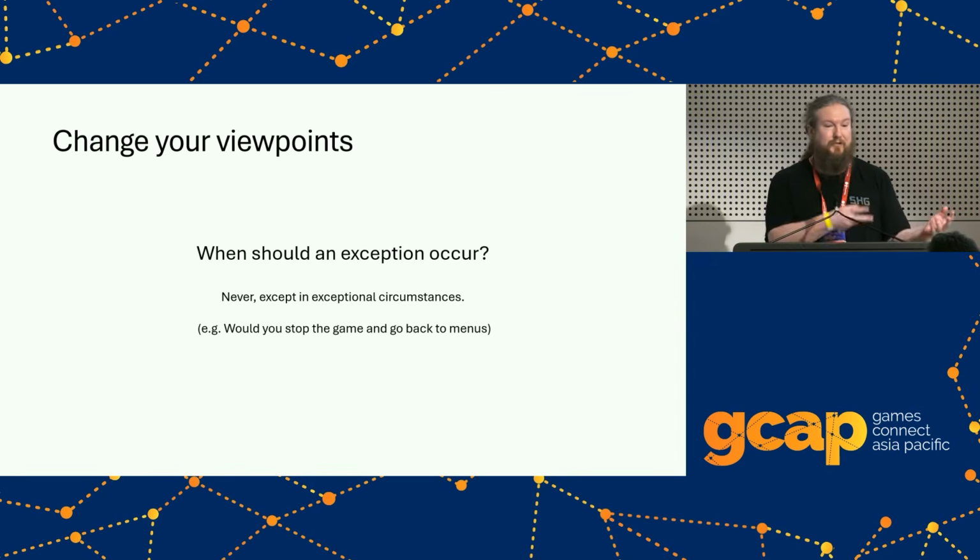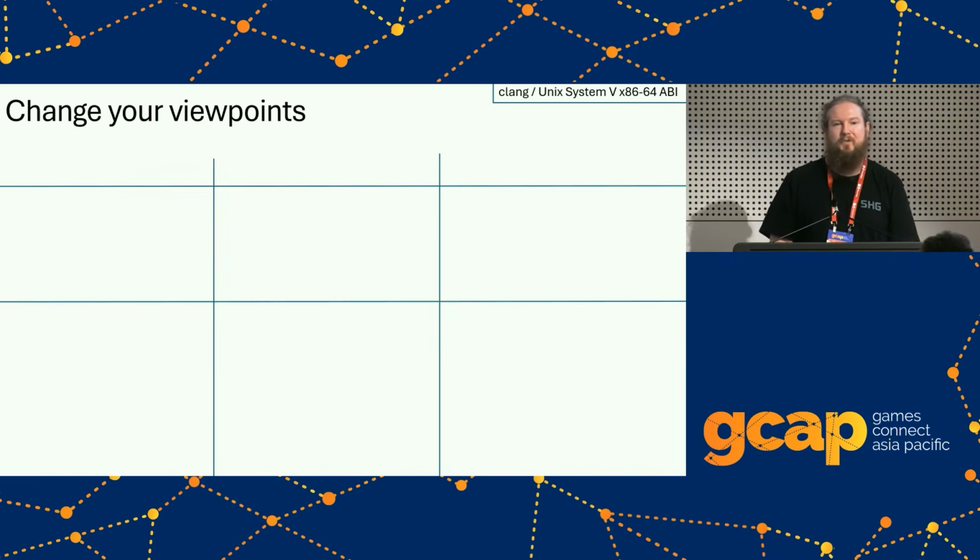I'm not saying you should use them, but this is more just an example of changing your viewpoints on things. So what's the performance of that overhead and how does it look different? Here I'm just going to go through a few different compilers and different ABIs and see how exceptions really look if we're taking that viewpoint.